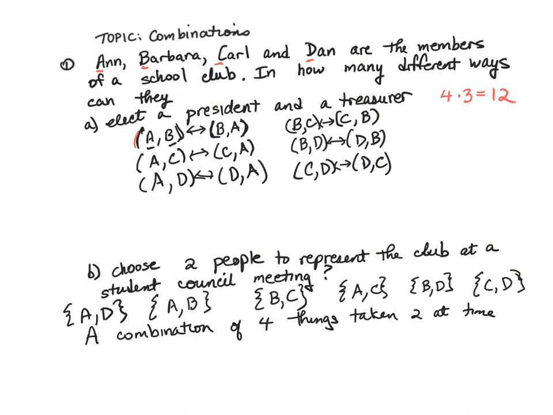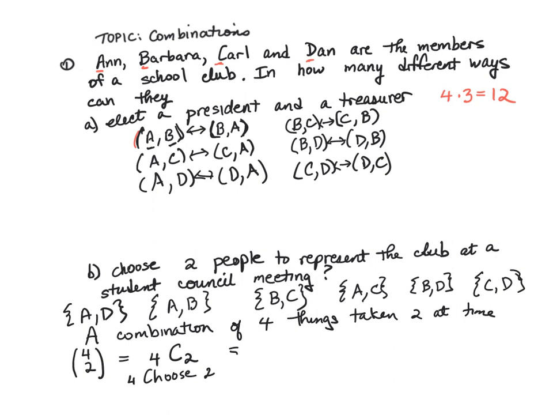And the symbol for this is 4C2. We also read this as 4 choose 2. Another way to represent this that you'll see in other math courses is with parentheses, and the 4 and 2 are listed as an array. But 4 choose 2, there's 6 possibilities, half of the number of permutations.